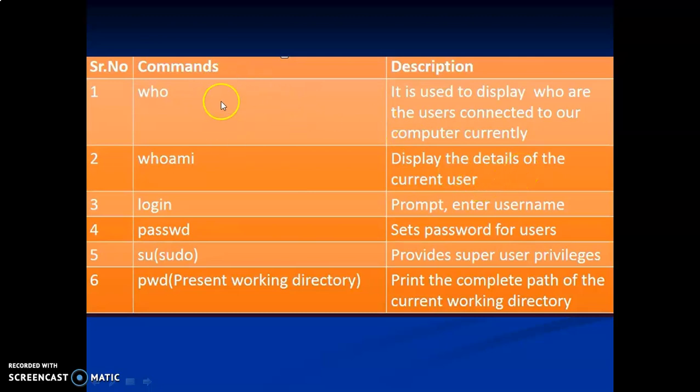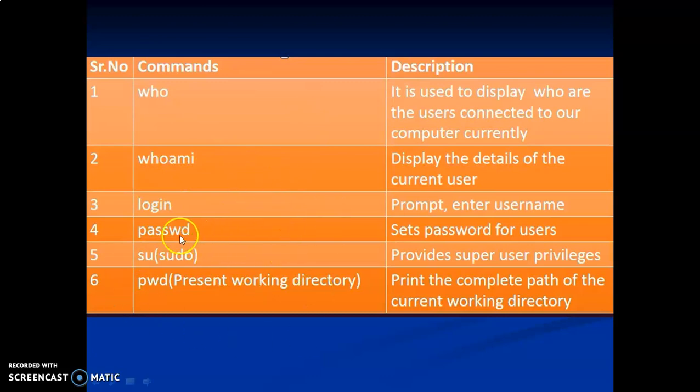The difference between who and whoami is that who shows the various users, meaning multiple users. If multiple users are connected to your system, it will show the names of those multiple users, and whoami shows the current user only. Then the third command is the login command, which is used to log in to your Linux OS.